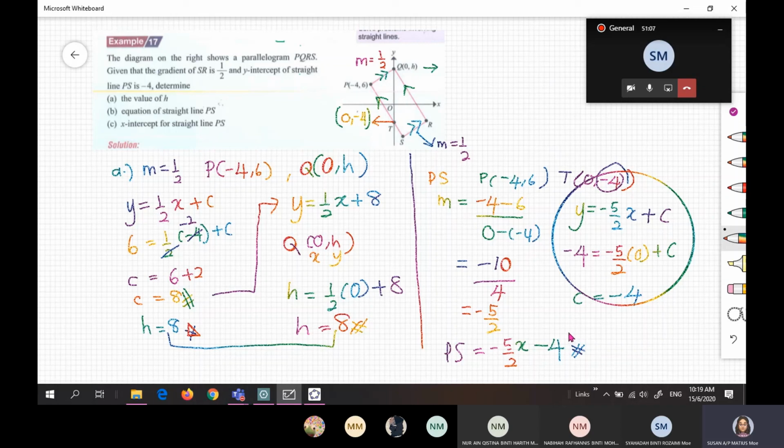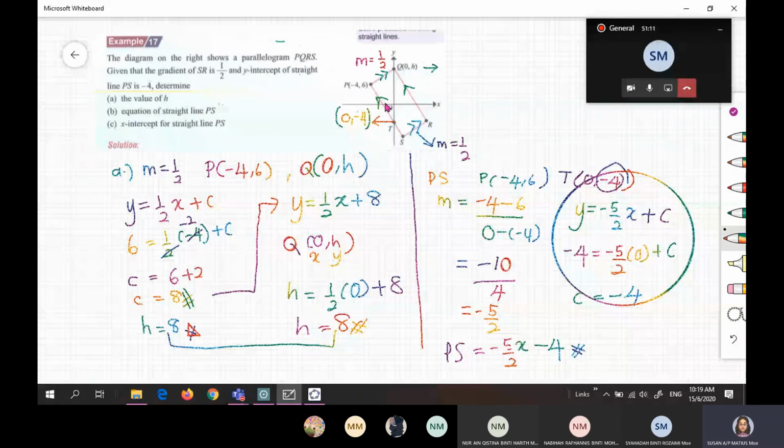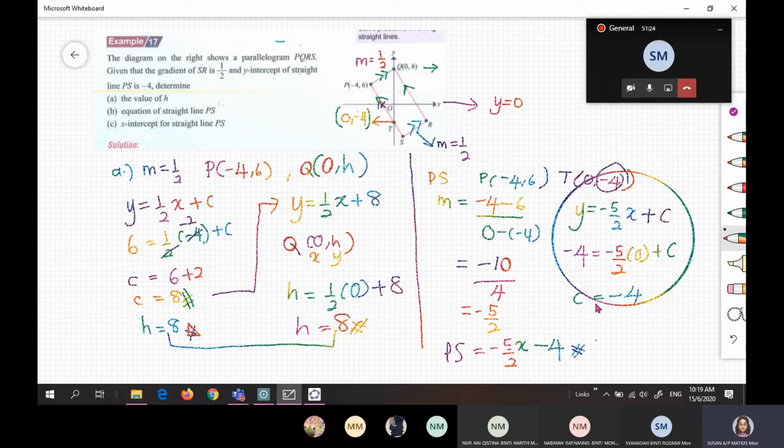So the next question, x-intercept for straight line PS. So x-intercept, where does it intercept? When it intercepts on x, it means the value of y is equal to 0. So you can use the formula here. You already have the formula.